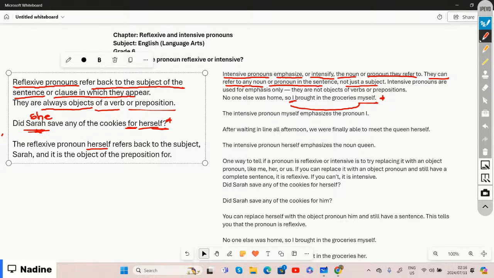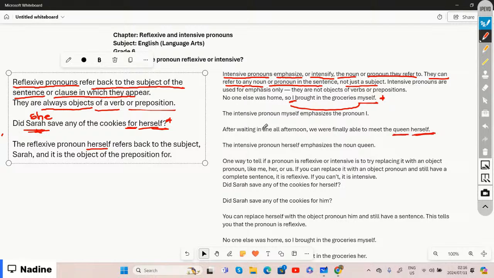And if we look at another sentence, it says, after waiting in line all afternoon, we were finally able to meet the queen herself. So the intensive pronoun within that sentence is herself, and herself puts emphasis on the queen.